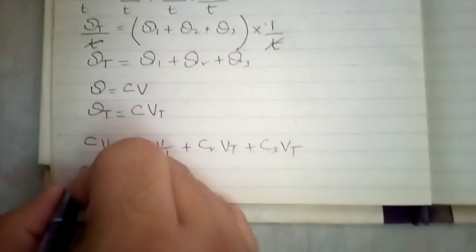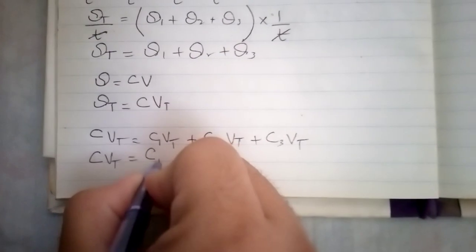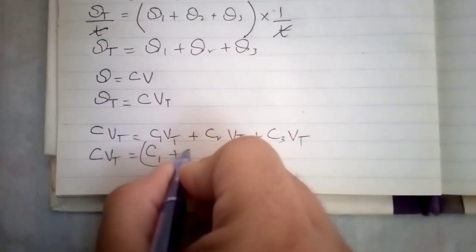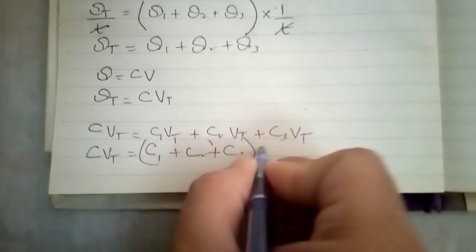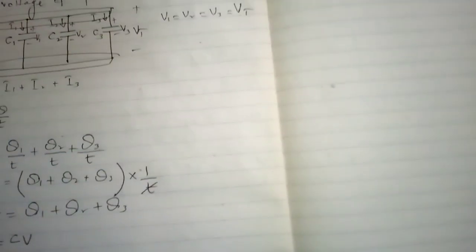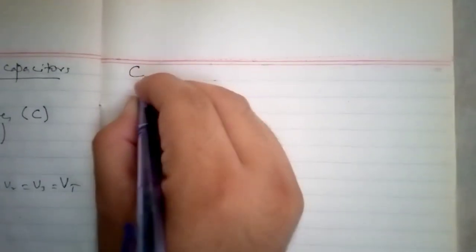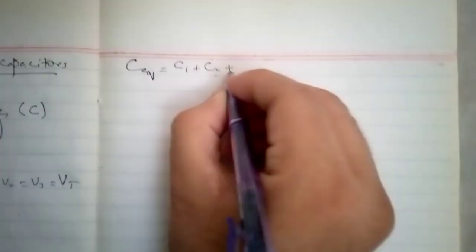Now we will take Vt as common, so it will be C1 plus C2 plus C3 multiplied by Vt. Vt will be cancelled by Vt, and C equivalent will be C1 plus C2 plus C3.